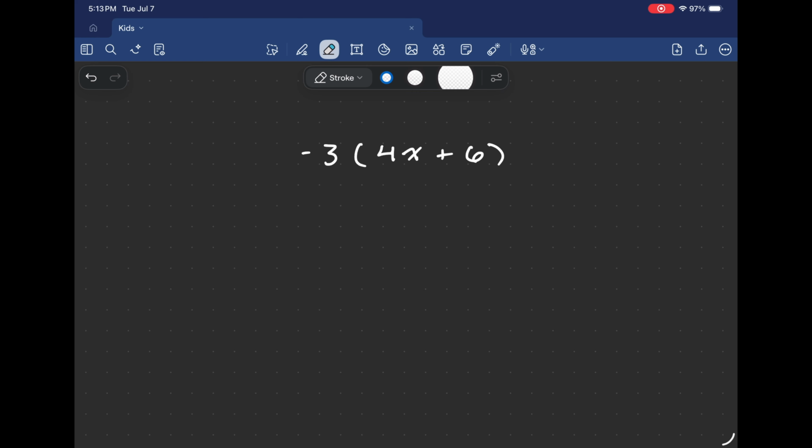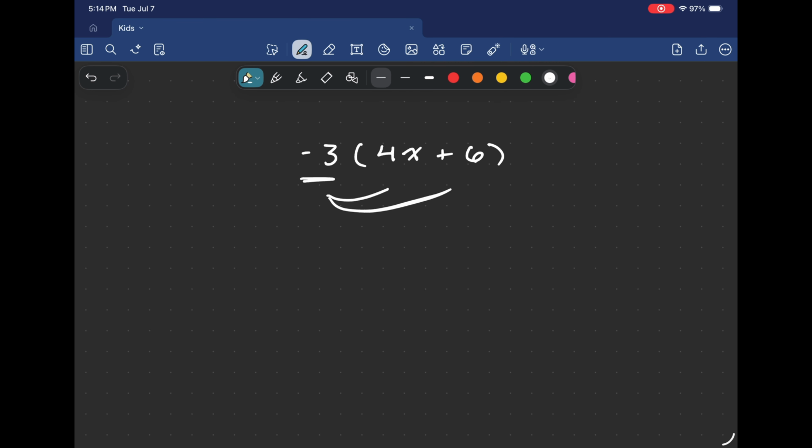What do we do when there's a negative number involved? You can see that the negative 3 is outside the parentheses, so we must distribute the negative 3 to every term in the parentheses. We can write this in more parentheses to make it easier after we distribute. So we have negative 3 times 4x plus negative 3 times 6.